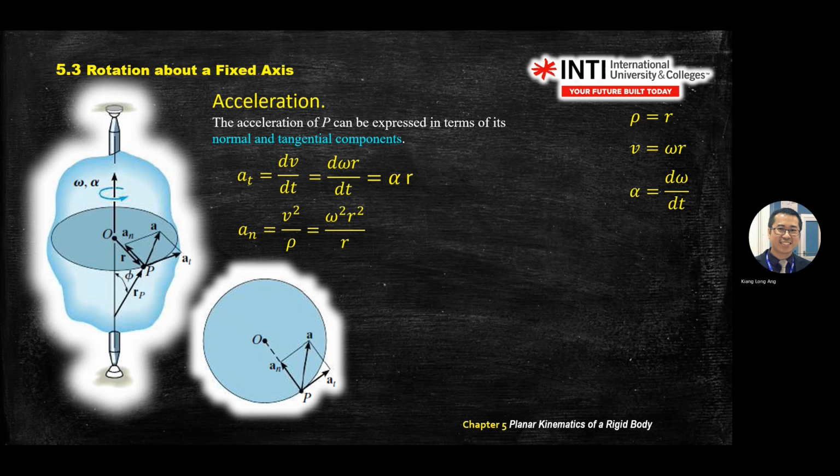You summarize, what do you get? Omega square R. For angular acceleration, omega square R. Don't mix up between particles and angular chapter or rigid body chapter. So I highlight on the blue color on the whiteboard here. Take note. Don't use the wrong equation.